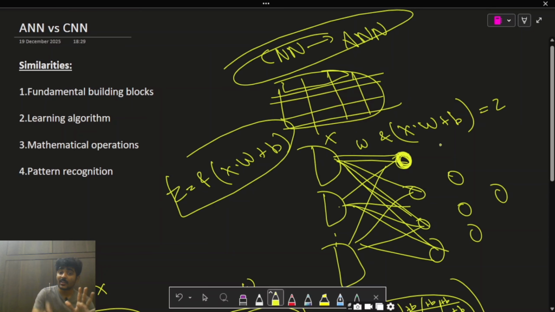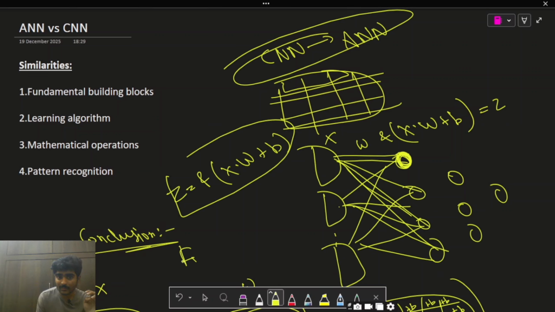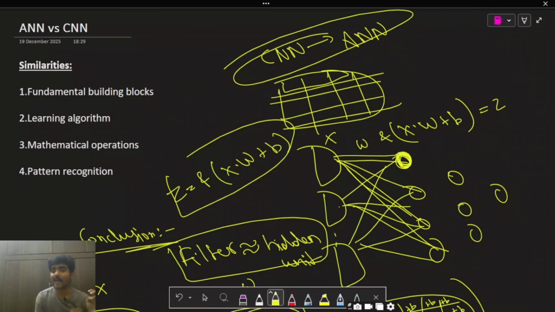So the conclusion is that the filter in a convolutional neural network is similar to a hidden unit in an artificial neural network. From this similarity we'll obtain various other similarities as well. This is the first basic similarity I want to establish. Now let us see various other similarities.